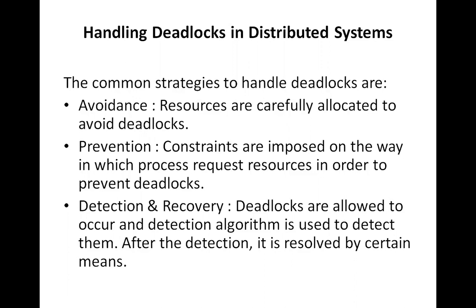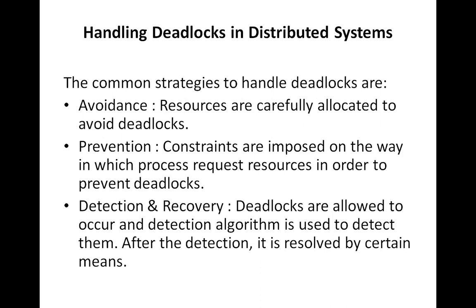A communication deadlock occurs among a set of processes when they are blocked waiting for messages which they have to receive from other processes so that they can start their execution. If they are not receiving any message, or no message is in transit between the processes, then that kind of deadlock is called a communication deadlock.